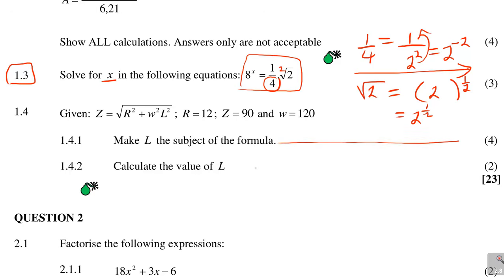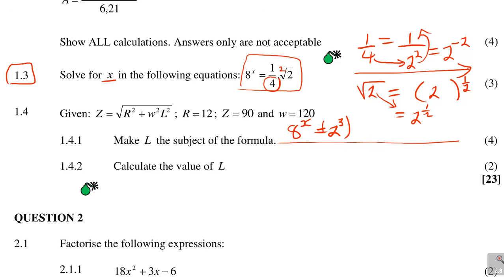So if I say to you 8, you need to see already 4, I have transformed it in terms of 2. Square root of 2 is now in terms of 2, which means I must also change 8 to the power of x into a base of 2. So 8 is the same as 2 to the power of 3. So that's the 8.